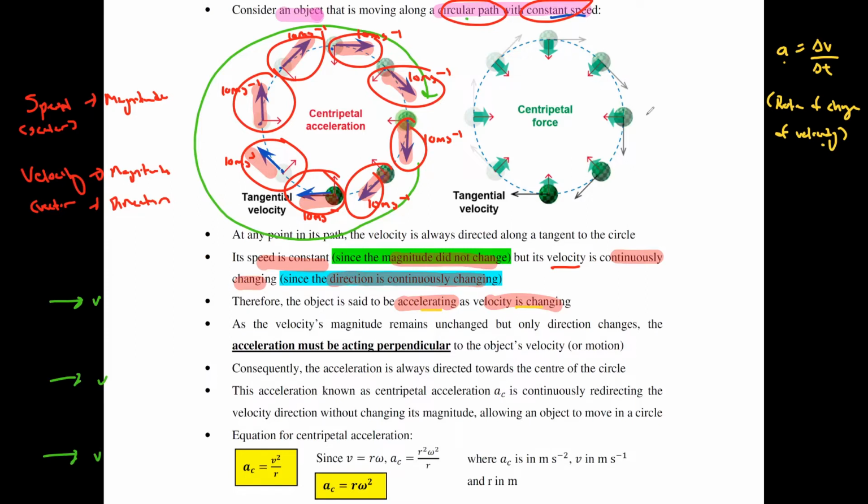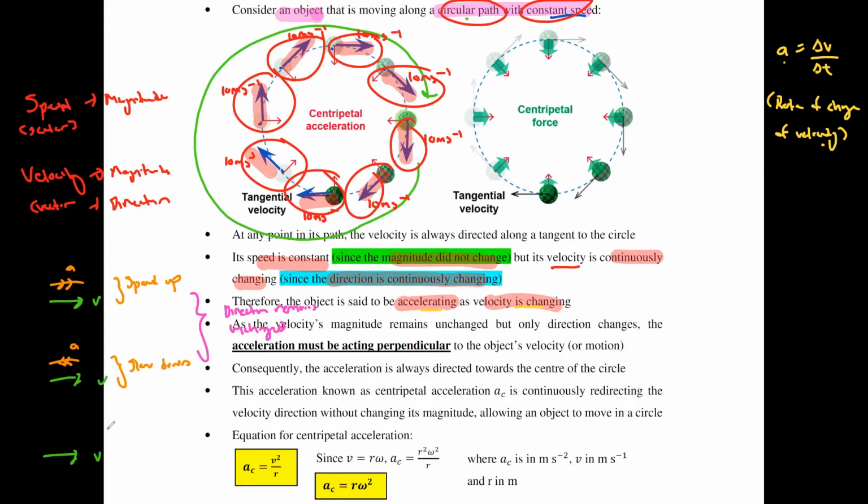If my acceleration is acting in the same direction as my velocity, you will speed up. But if my acceleration is acting opposite to my velocity, you will slow down. Now, in general, for both of these cases, direction remains unchanged.